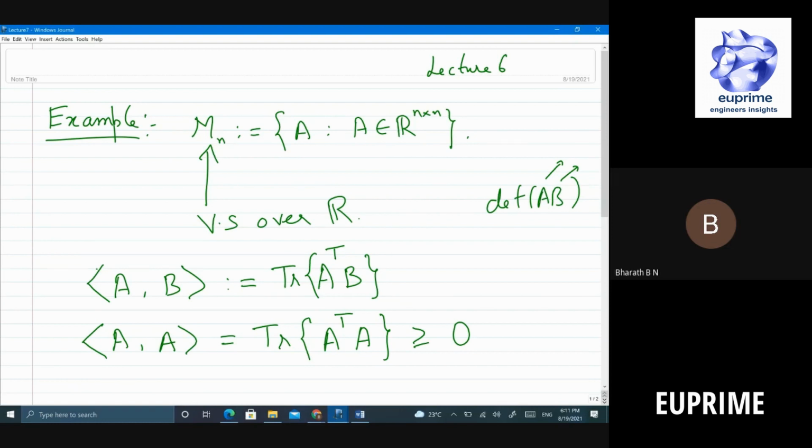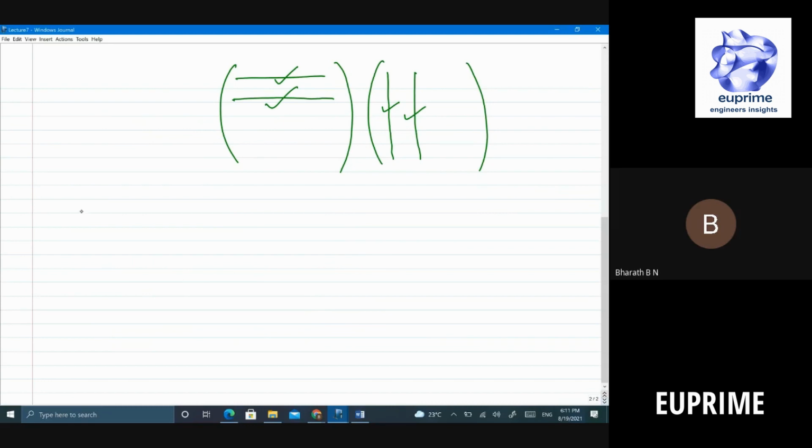So now I have to take that inner product and use it to get the norm, right? So what is the induced norm here? This is the square root of trace of A transpose A, right? What is this, by the way?